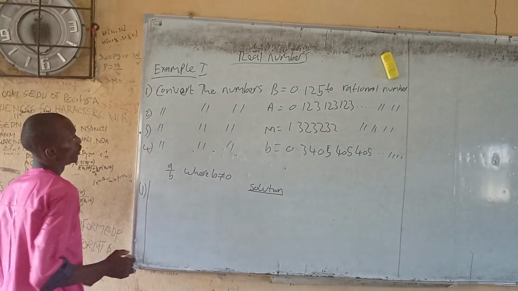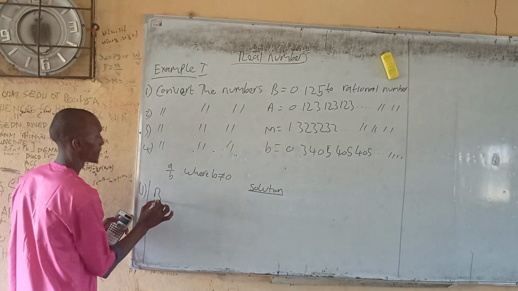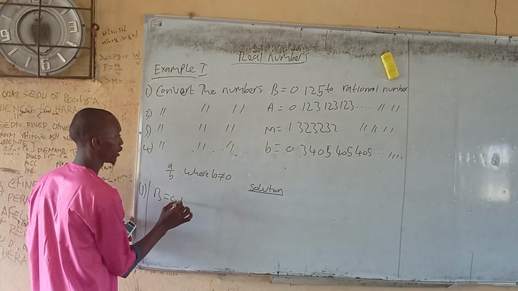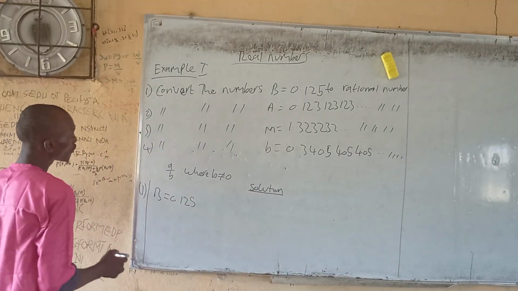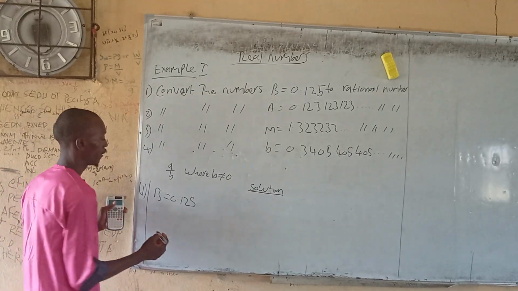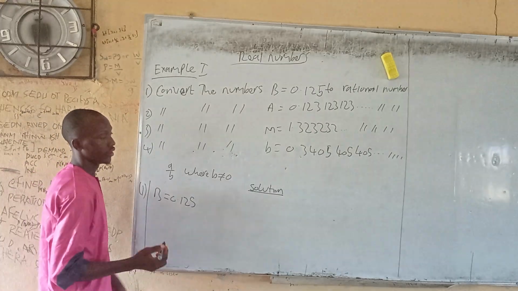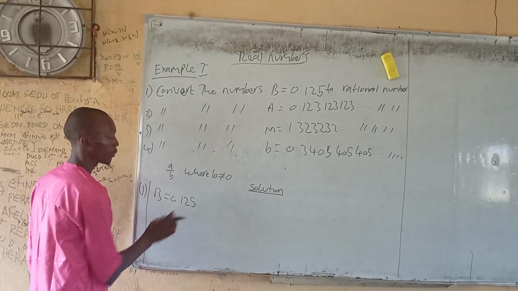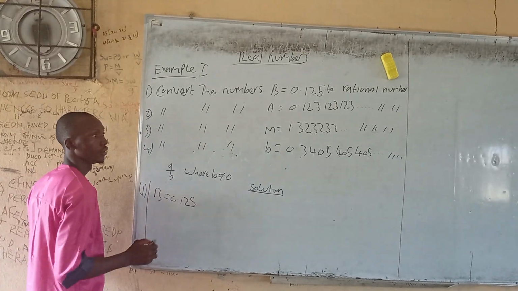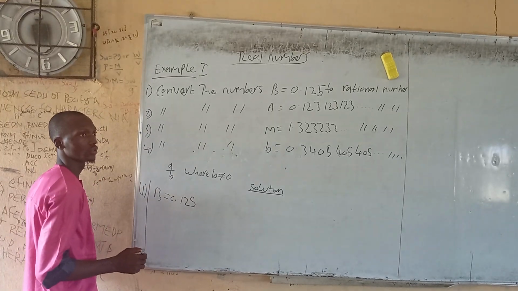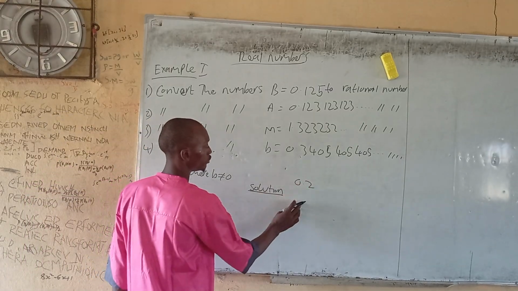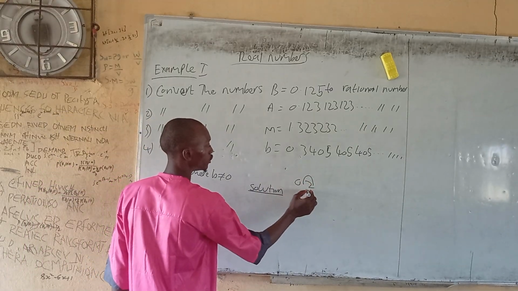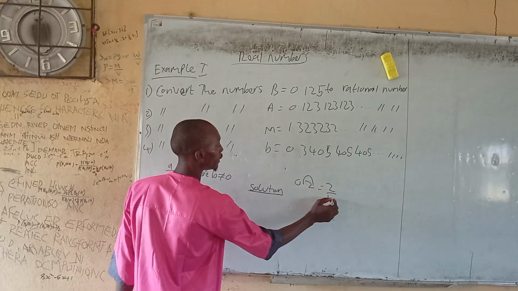Question 1. Now, b is equal to 0.125. How can we convert this? First of all, in mathematics, when dealing with decimal points, if you have something like 0.2, if you move the point once, it means 2/10.